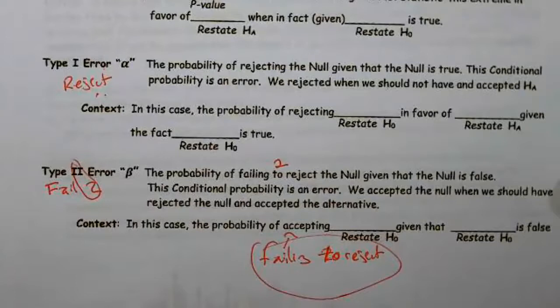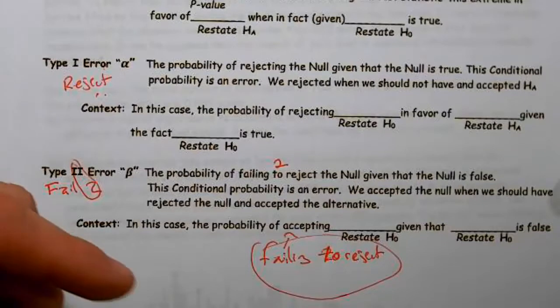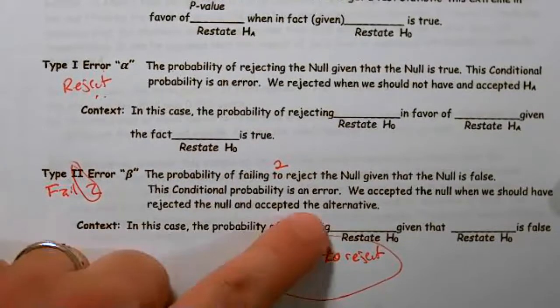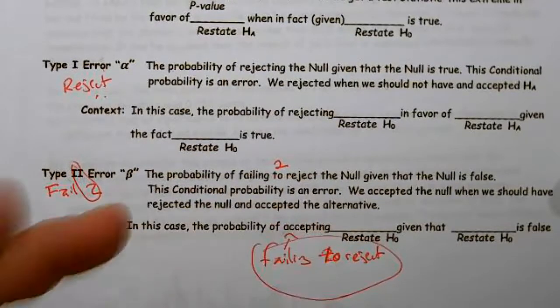We don't accept the alternative. Sometimes we accept the null, okay? But if you want to say failing to reject, that's better statistical language. It really is. Sometimes we do accept the null. We try not to accept the alternative, even though it says up there. Okay, does that help a little bit?